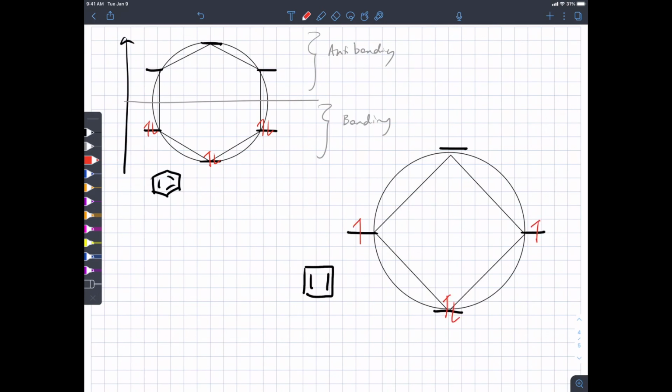Now notice, problem number one is you have unpaired electrons. So you expect cyclobutadiene to react as a diradical. Problem number two is that this degenerate pair of orbitals occurs in an area that's neither bonding nor antibonding. It's non-bonding. So in cyclobutadiene, you thought you had two pi bonds. Wrong. You have one, and then you have two unpaired electrons that are not stabilized by bonding at all.